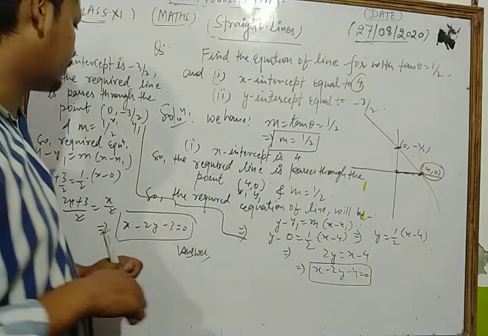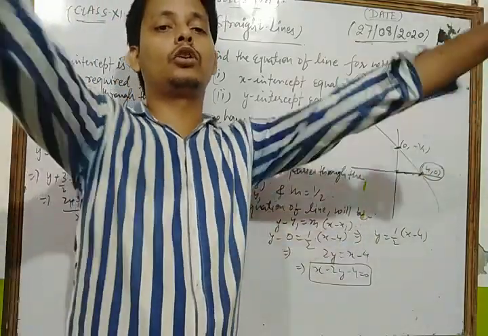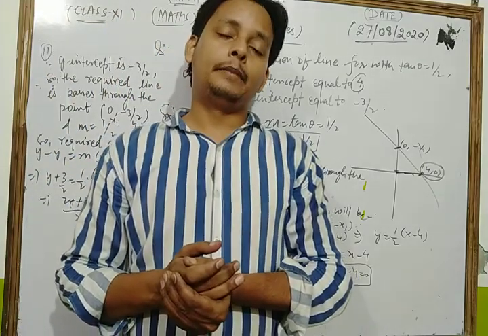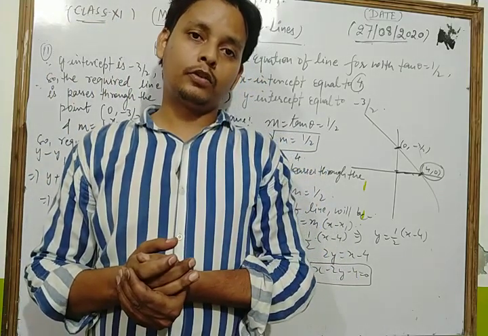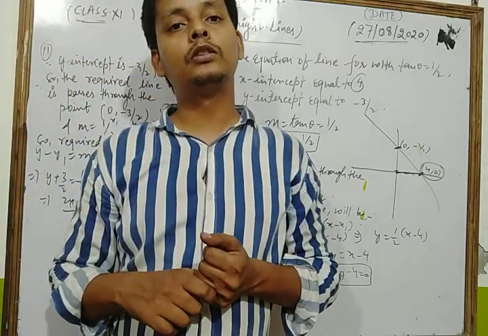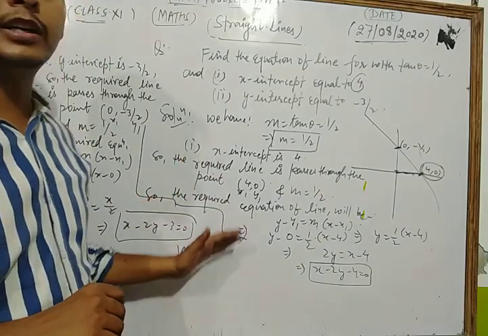So dear students, in this way today we cleared all the concepts of the equation of line y is equal to mx plus c, the slope intercept form, and we also discussed the equation of line in point slope form. We also discussed some more important questions of your NCERT exercise.